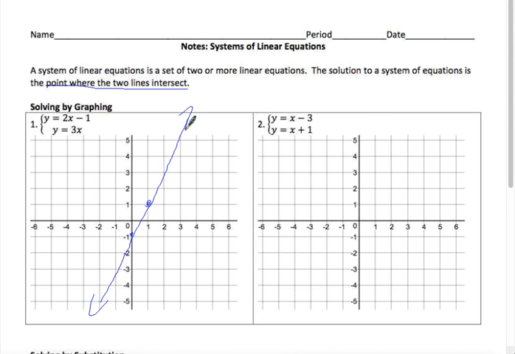And then if we graph the equation y equals 3x, this has a y-intercept of 0 and a slope of 3. And it looks like this. And we can see right here, the solution to this system is negative 1, negative 3.